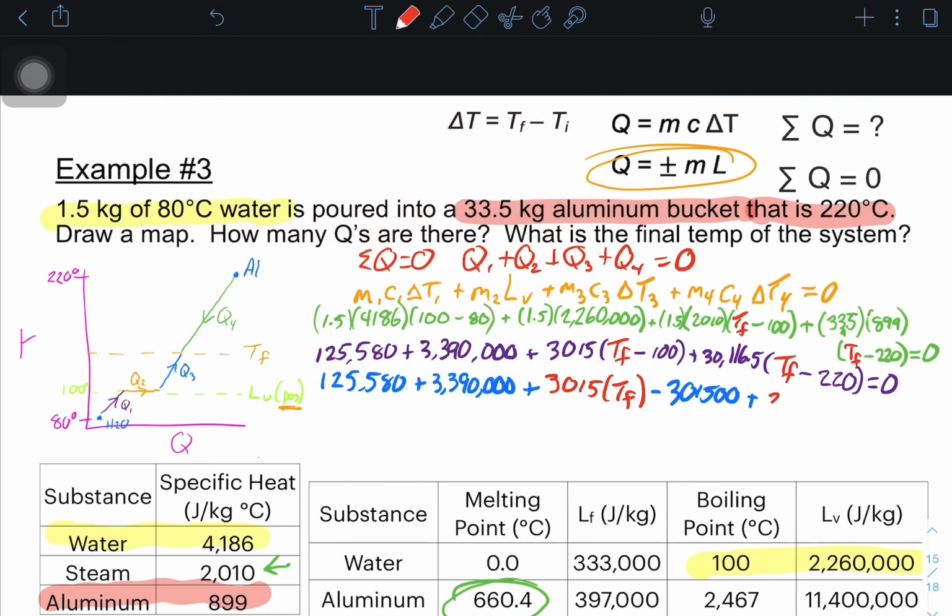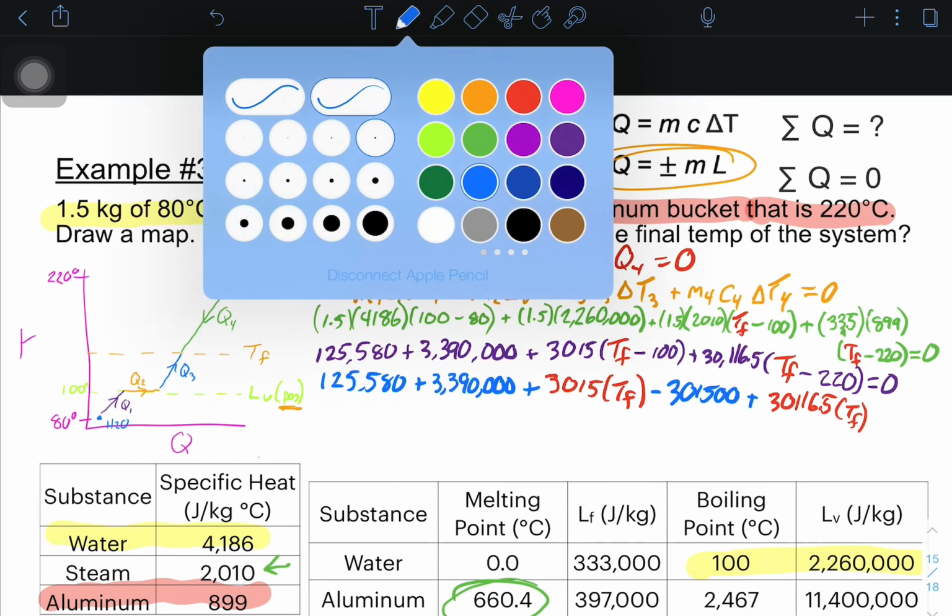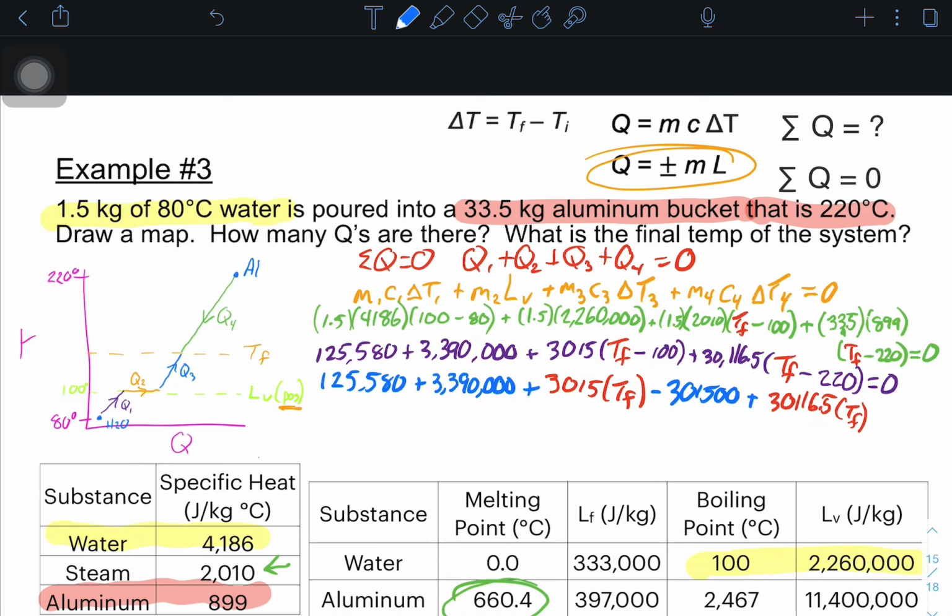That's going to be 30,116.5 times TF minus 6,625,630, which is equal to 0. Combine all of our TFs, all the red numbers, and we have 33,131.5 times TF.